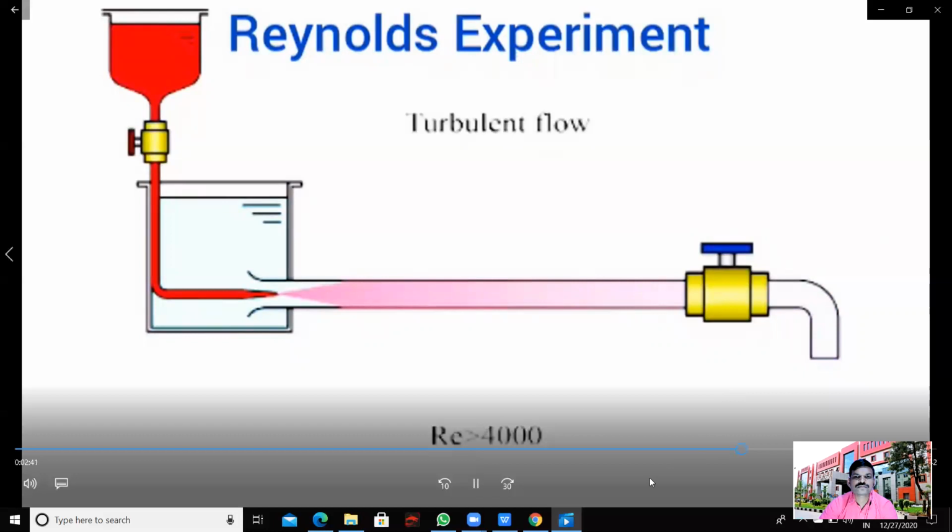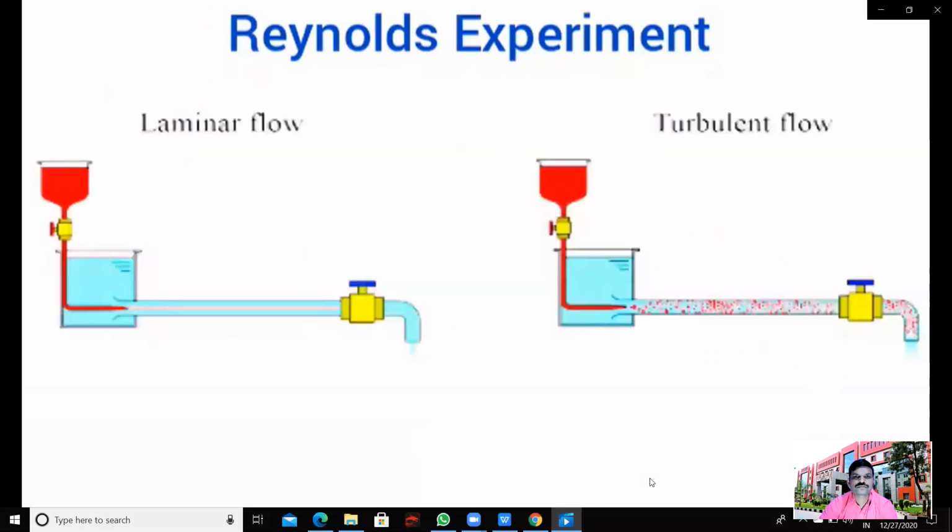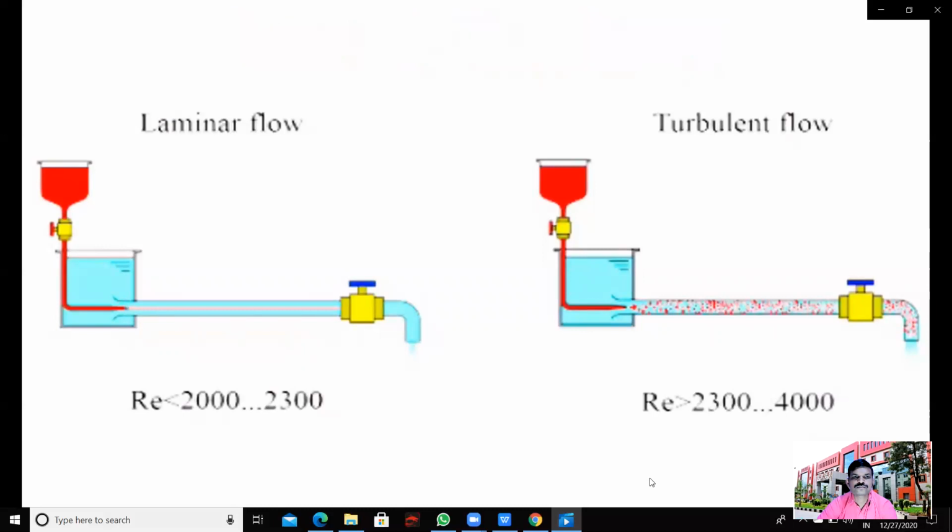In this case, the mixing of dye filament and water is intense and the flow is irregular, random and disordered. In general, if the Reynolds number is less than 2000, the flow is laminar flow. If the Reynolds number is more than 4000, the flow is turbulent flow. If the Reynolds number lies between 2000 and 4000, the flow is transitional flow.